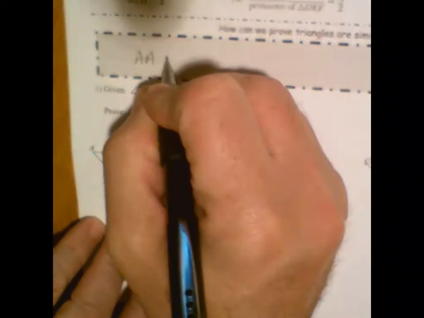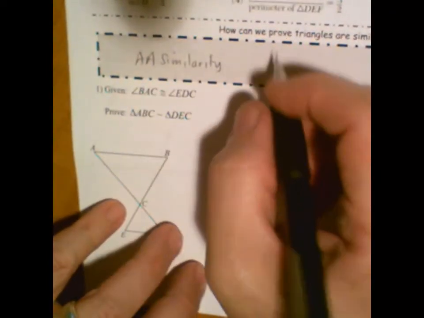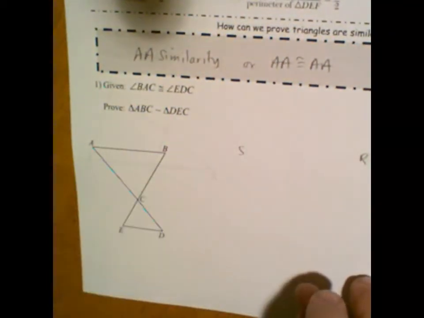So we're going to write either angle similarity or AA is congruent to AA.